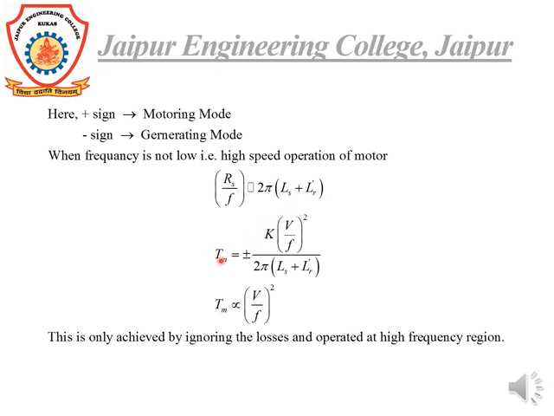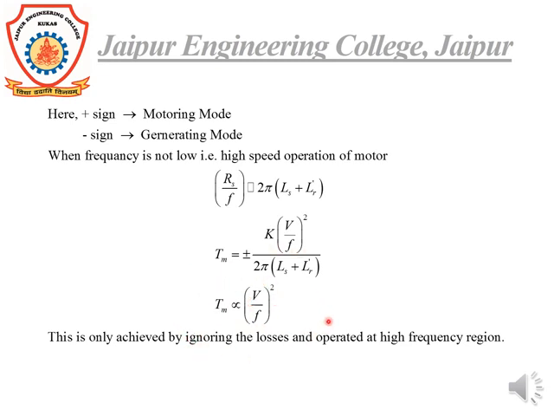So maximum torque equals plus minus k V by f whole square upon 2 pi Ls plus Lr dash, okay. Therefore, as this is constant and k is also constant, we can say Tm is directly proportional to (V by f) whole square.